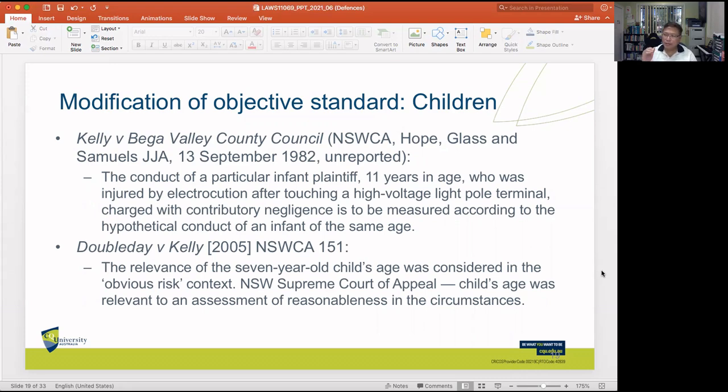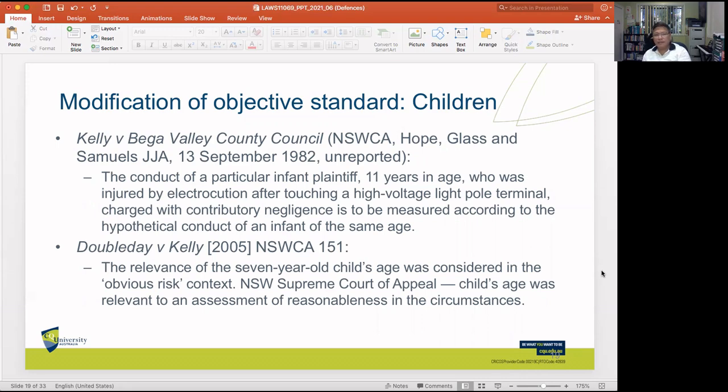Do we measure contributory negligence on the basis of the hypothetical reasonable person of mature age, or do we pitch it lower to that of a child who's 11 years old? Would that then change the principle about there being an objective standard?